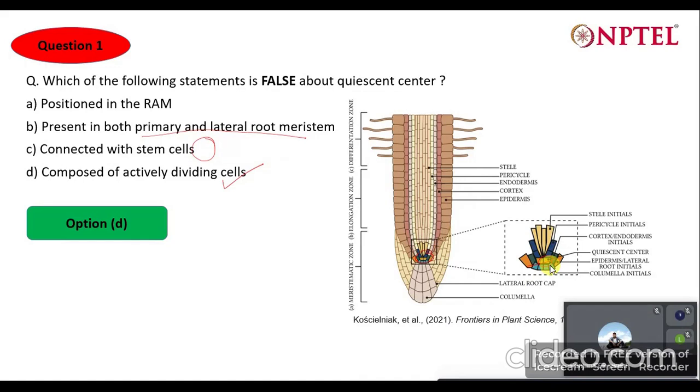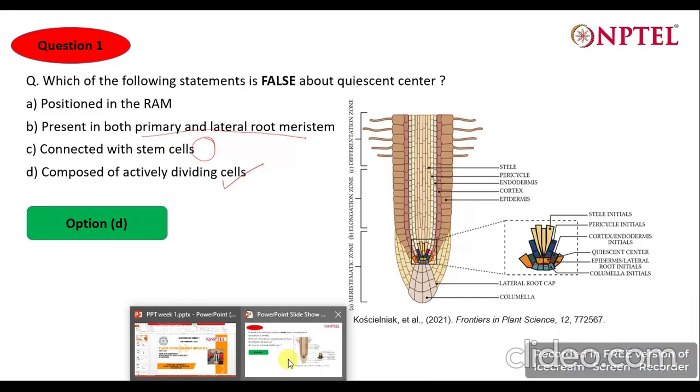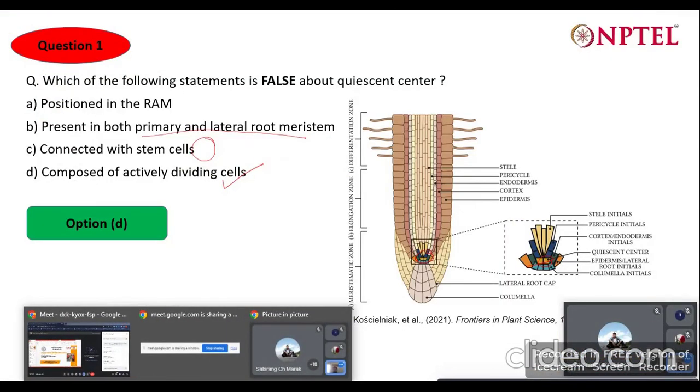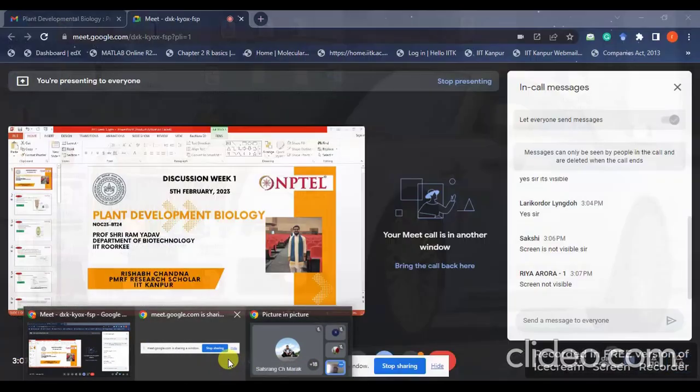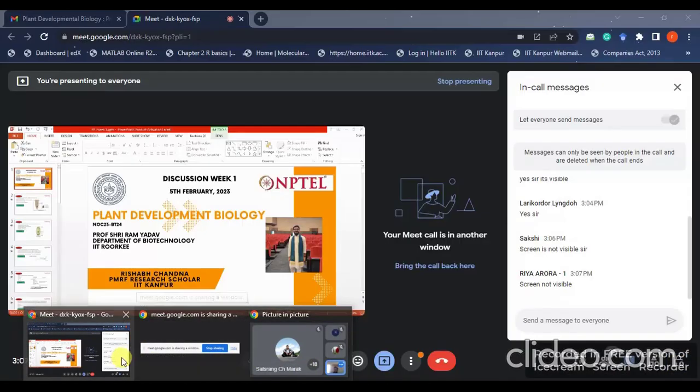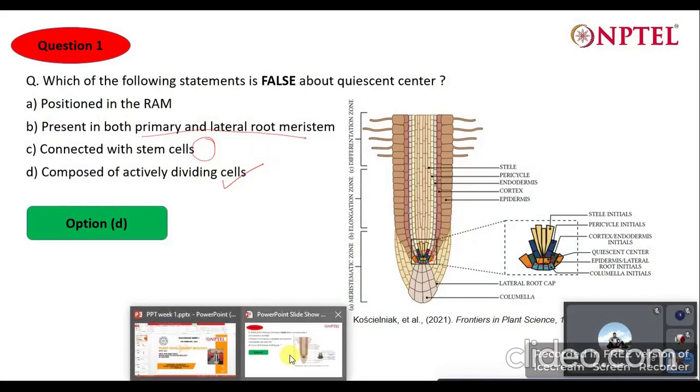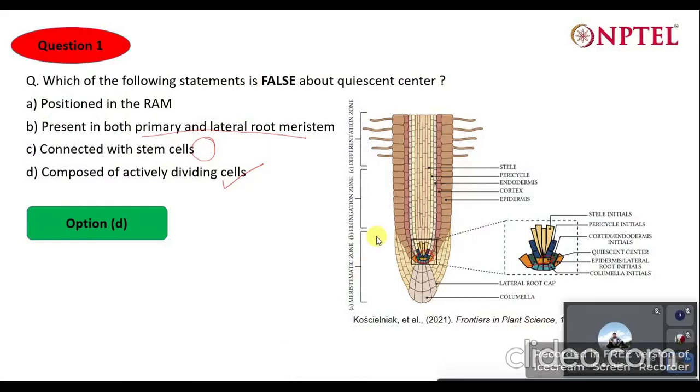Sir, And screen is not visible. oh, just a second. Is it visible now? No, sir. Oh.